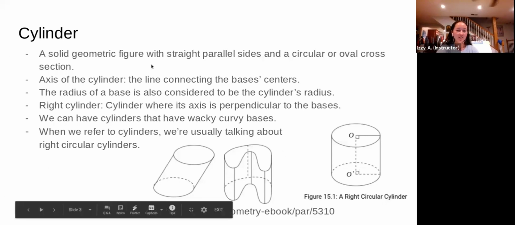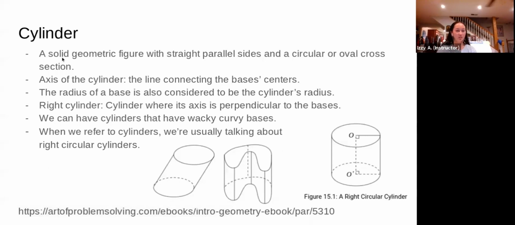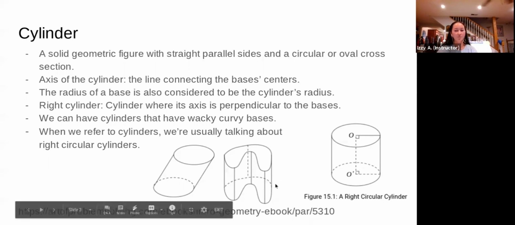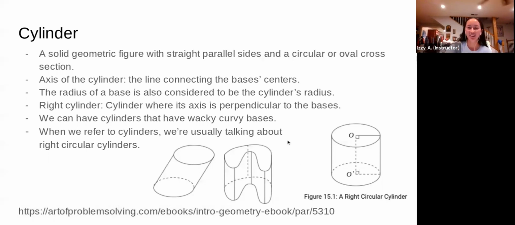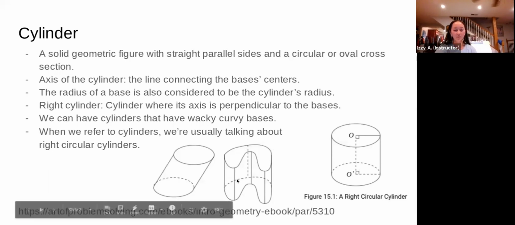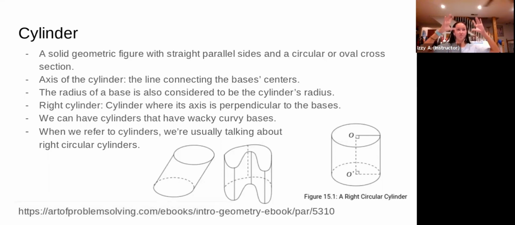Okay, so if we look back at the definition of a cylinder, it's a solid geometric figure with straight parallel sides and a circular or oval cross-section. If you look at this, you're at first going to be like, oh, this doesn't look much like a cylinder, but the top and bottom parts are parallel, and it is a three-dimensional straight figure.